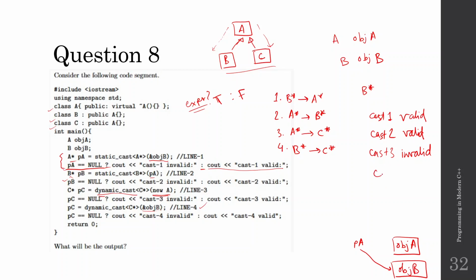So cast 4 will also be invalid. So this is the answer.